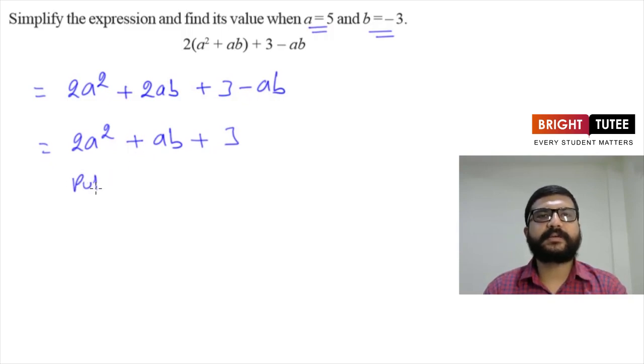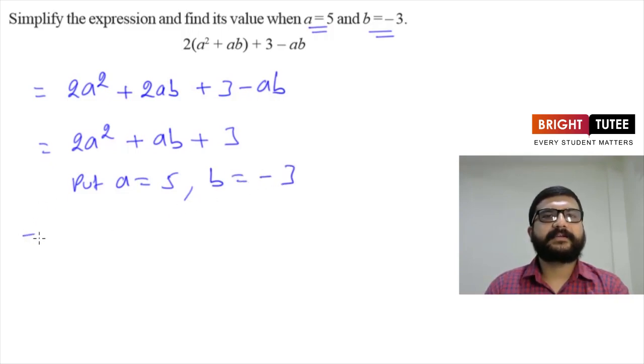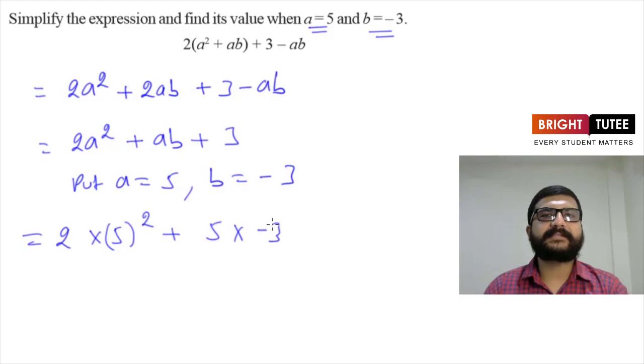This is the simplified expression. Now let's put a equal to 5 and b equal to minus 3. So we will get 2 into a square, that is 5 square. So 2 into 5 square plus a into b. A into b means 5 into minus 3, because a is 5 and b is minus 3. So this is 5 into minus 3 and then plus 3.